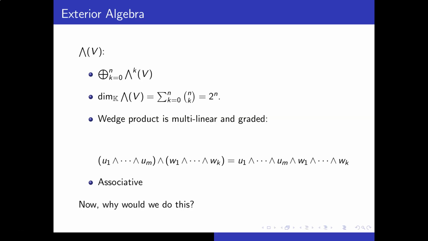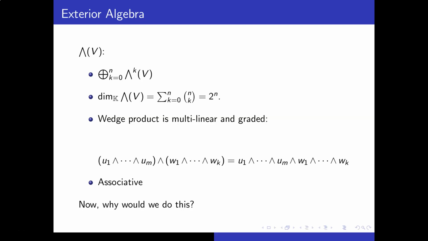If I take an m-fold wedge with a k-fold wedge, I get an m plus k-fold wedge. And likewise, it's associative because it is just the image of an associative algebra, namely the tensor. So again, we get all of that for free by using that it is a quotient of the tensor algebra.